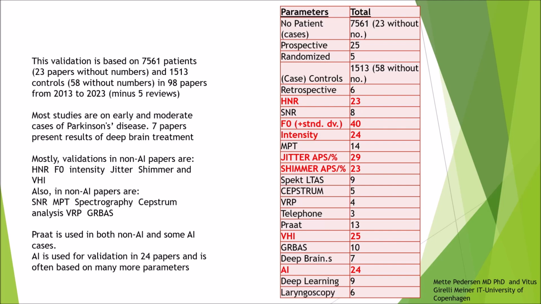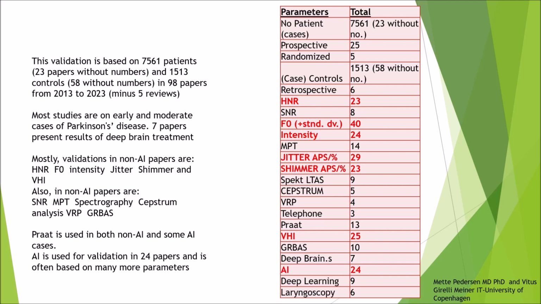Mostly, validations in non-AI papers are HNR, harmonics to noise ratio, F0, fundamental frequency, intensity, jitter, shimmer, and VHI, Voice Handicap Index. Also in non-AI papers are SNR, signal to noise ratio, MPT, maximum phonation time, spectrography, cepstrum analysis, VRP, voice range profile, GRBAS, global roughness, breathiness, asthenia strain test.